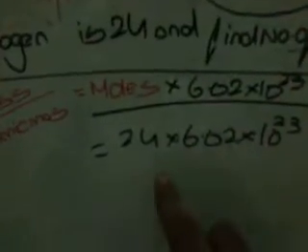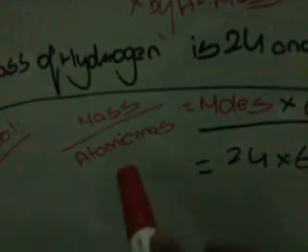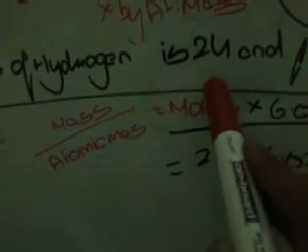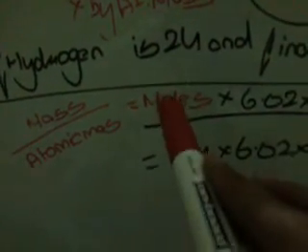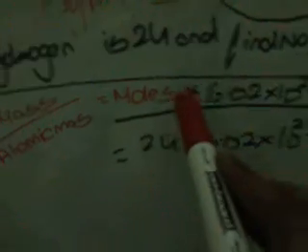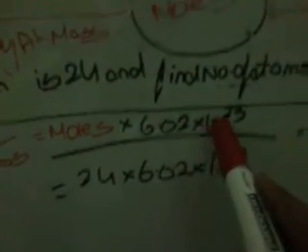The mass you are given is 24, divided by atomic mass. Hydrogen has atomic mass only 1. Then 24 divided by 1 is 24, which is the moles. Moles multiplied by 6.02 times 10 to the 23, which is multiplying by Na.